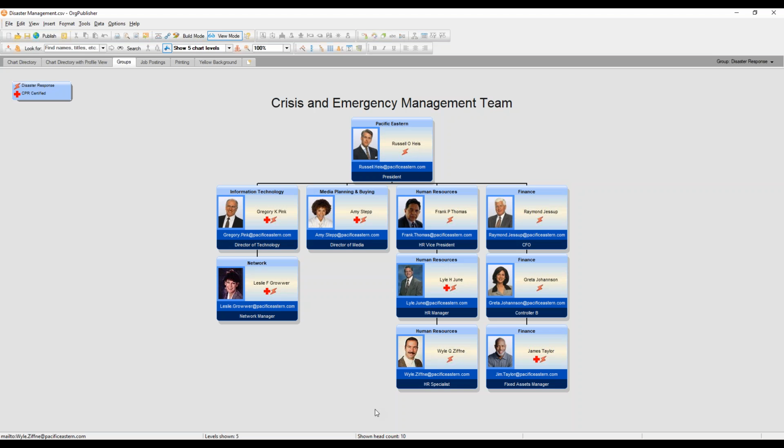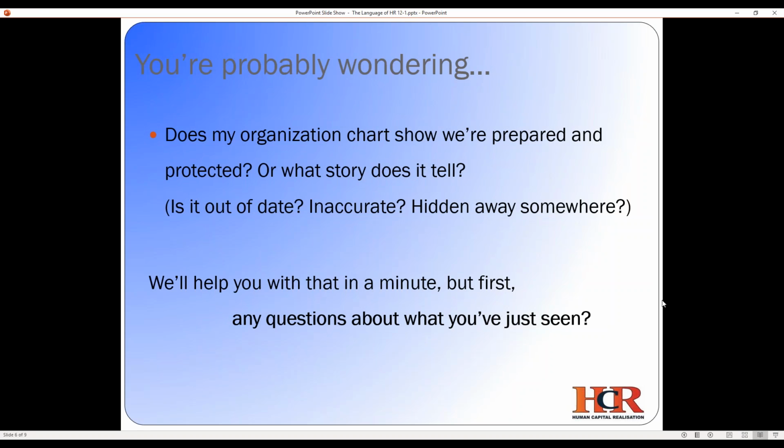There's many more stories, but these are a couple. So I suppose having seen this, maybe you're thinking, well, how's my organisation? Where does my organisation stand?